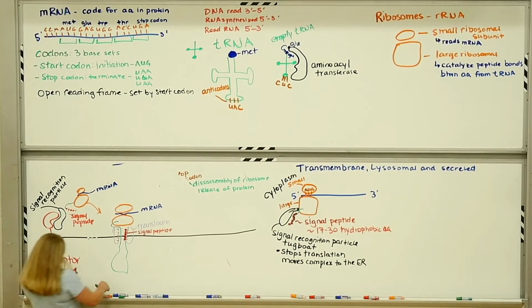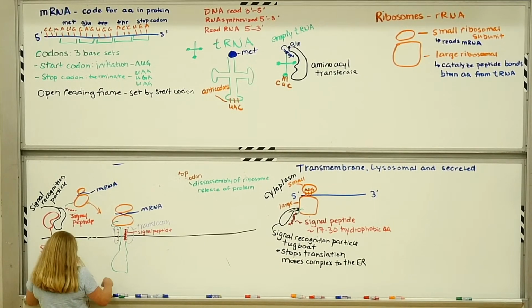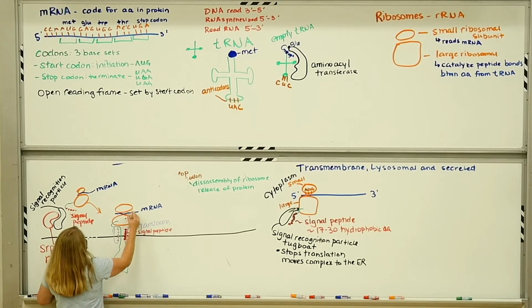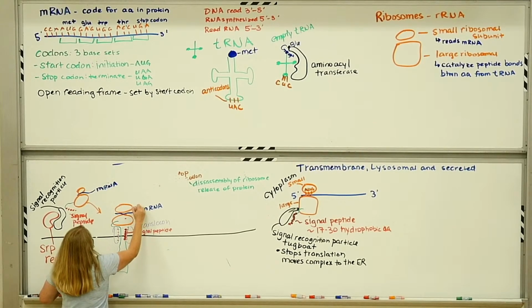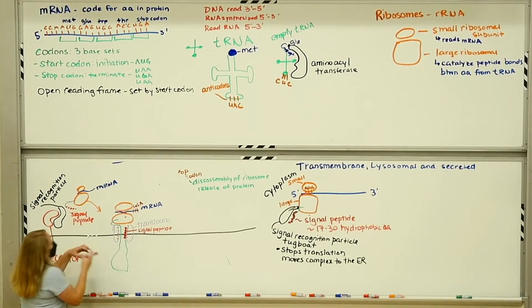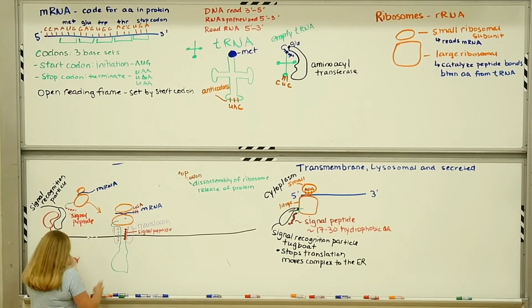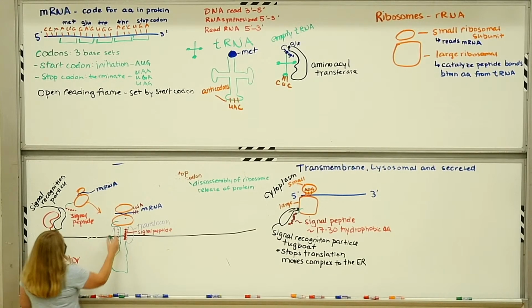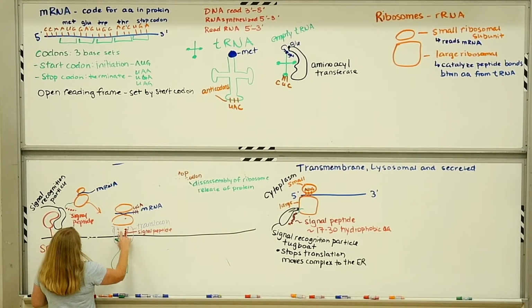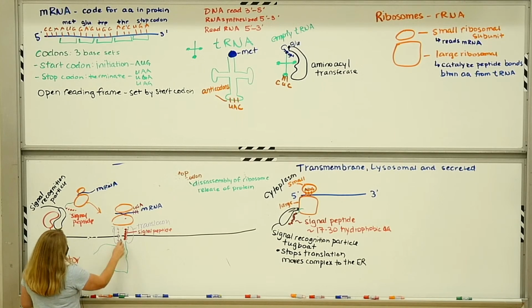Eventually, you're going to reach that stop codon. So we'll just say it hit a stop codon here. That's going to cause your ribosome to dissociate. It will release the mRNA and it will release this protein. When it releases this, it's just going to end up completely here.